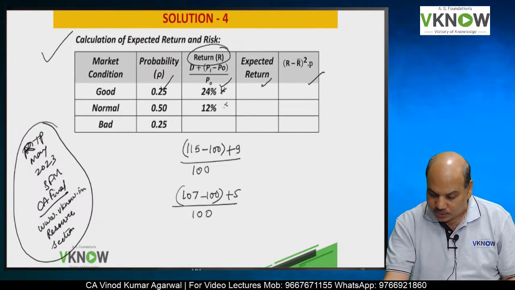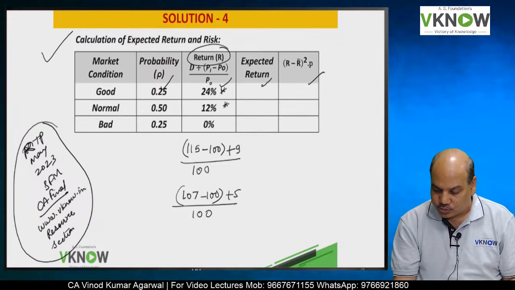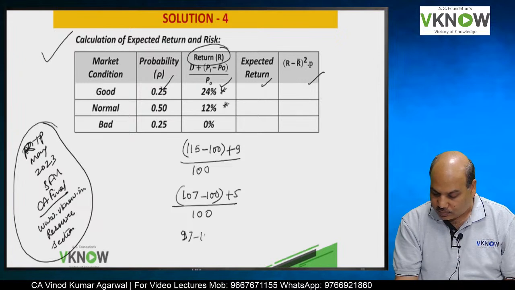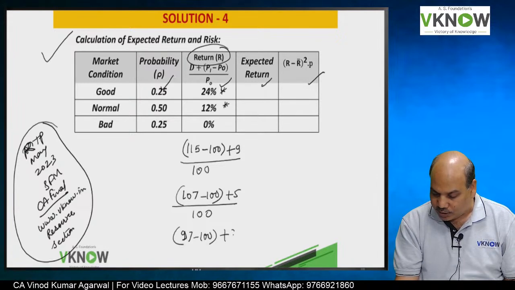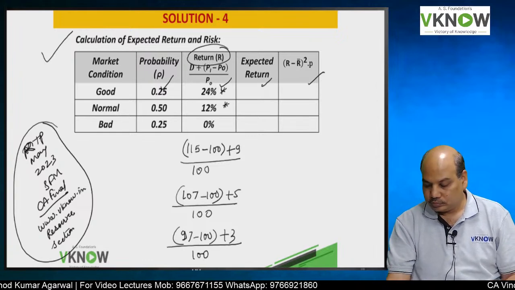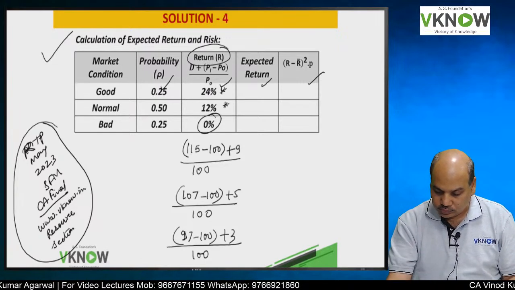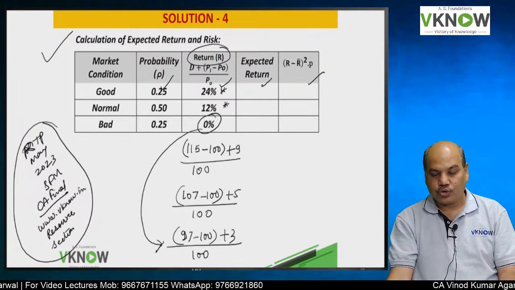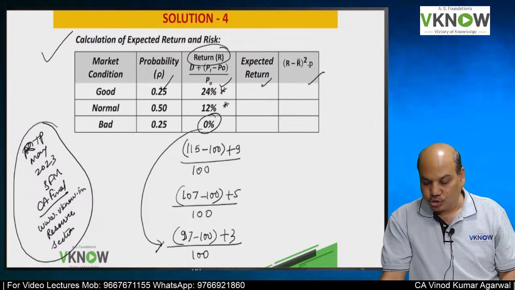So I will get 12%. And for the third situation, it is 97 minus 100 plus 3 divided by 100. So I'll get 0. This is the working note for that. In case the student wants to show the working note, he can show it.